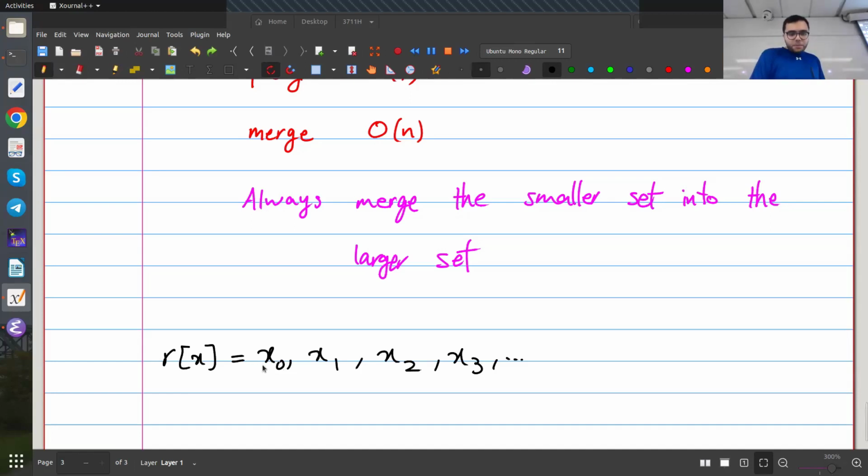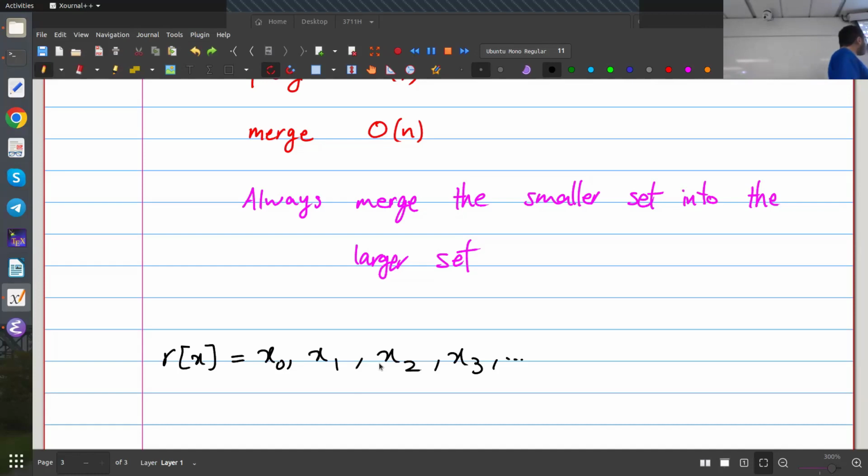So when my representative changes from X0 to X1, the size of the connected component containing X has at least doubled. But then I can say the same thing from X1 to X2. When I changed my representative from X1 to X2, it was because the set of all the items that were represented by X1 was merged with the set of all items that were represented by X2, and the set represented by X2 was the bigger one.